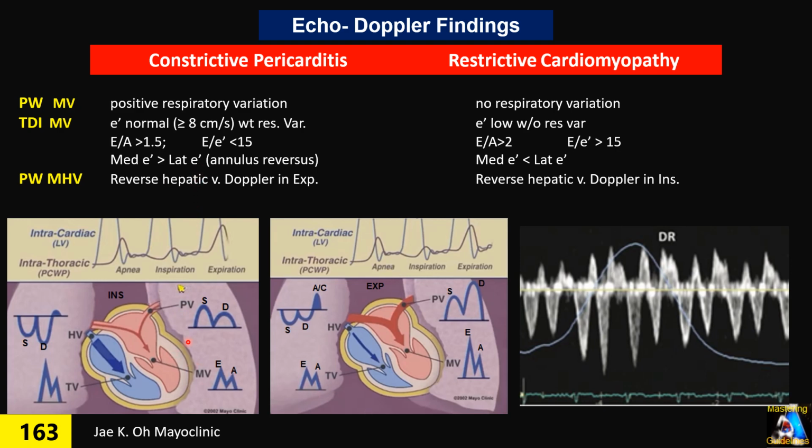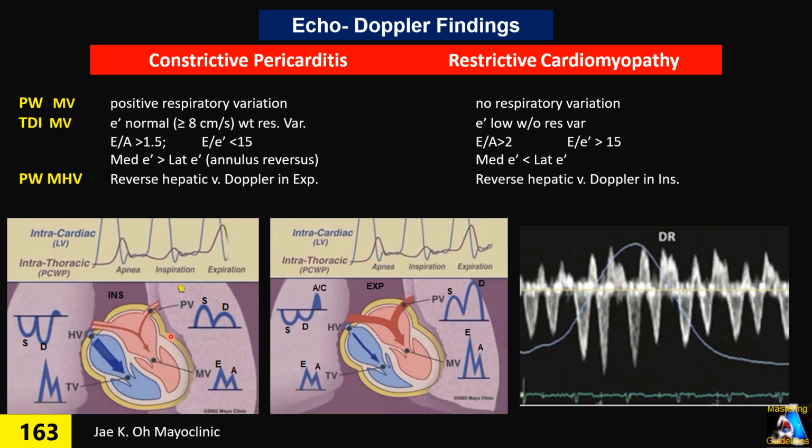As you know, in the normal situation, the tissue Doppler E prime, which represents early diastole, is lower medially than laterally. Lateral is higher. But in constrictive pericarditis, we have a paradoxical change.